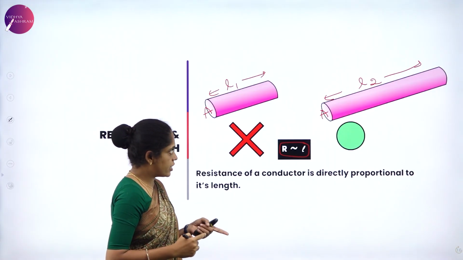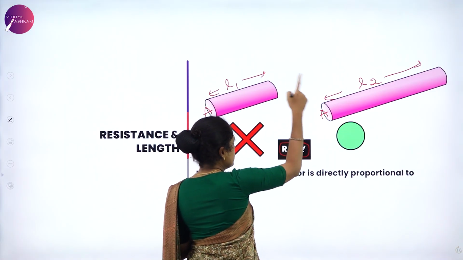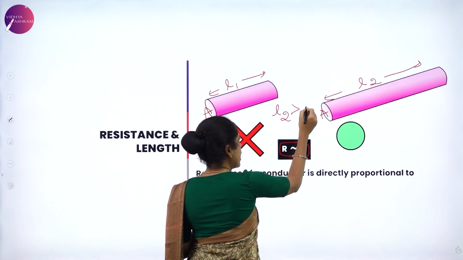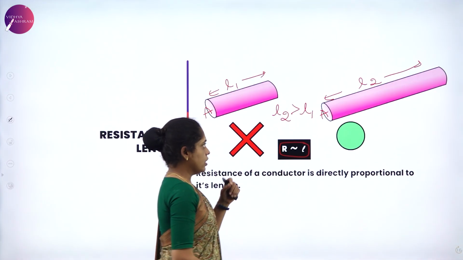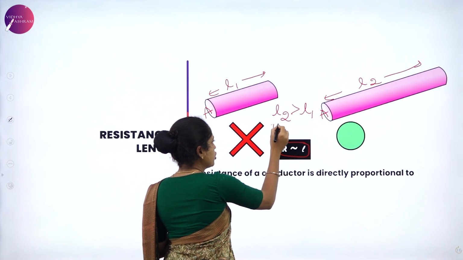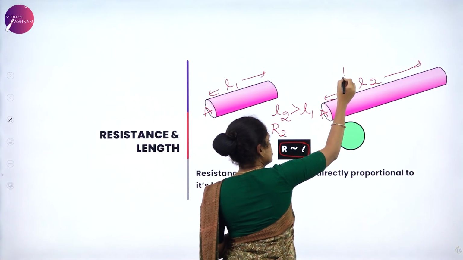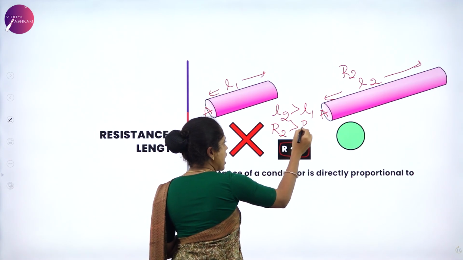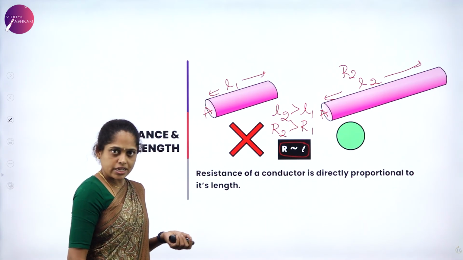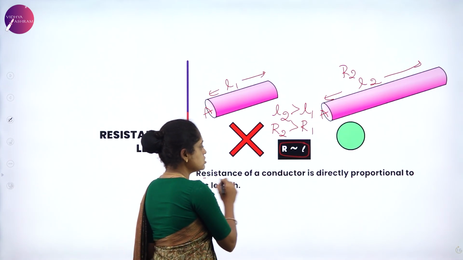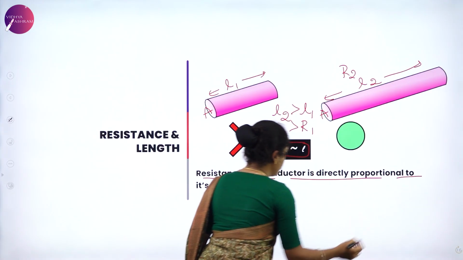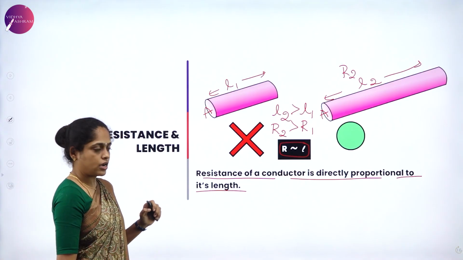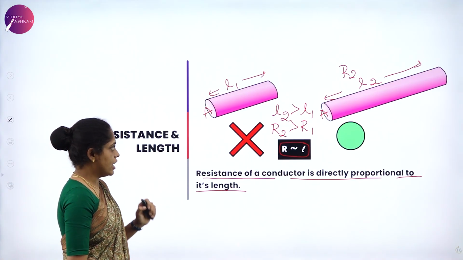They are directly proportional, and in this case, L2 is greater than L1. Therefore, R2, that is the resistance of second conductor, is greater than R1, because the resistance of a conductor is directly proportional to its length.